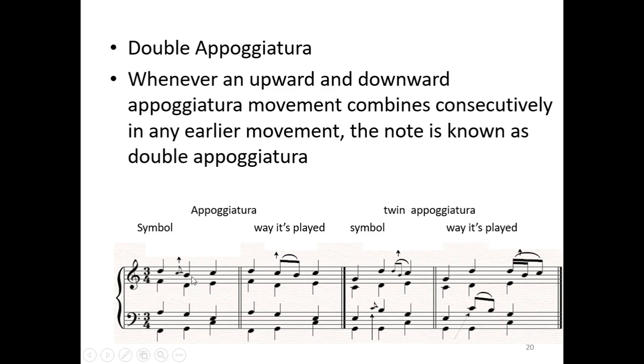So here it is the symbol, and when you are playing that symbol, this is how the sound comes. And here also the twin Appoggiatura, you see how it is written, and when you are playing it's like this. You get a crotchet, 2 crotchets, and then you get a quaver and a semi-quaver and a quaver, right?